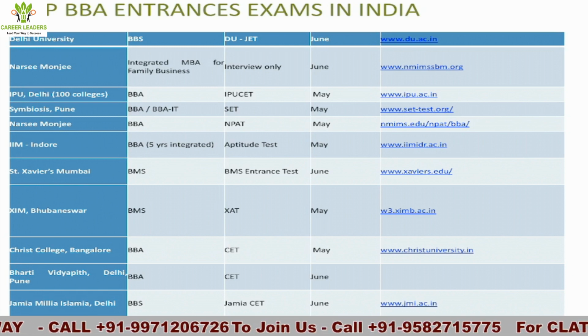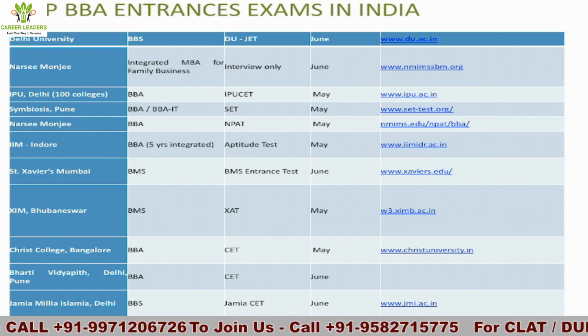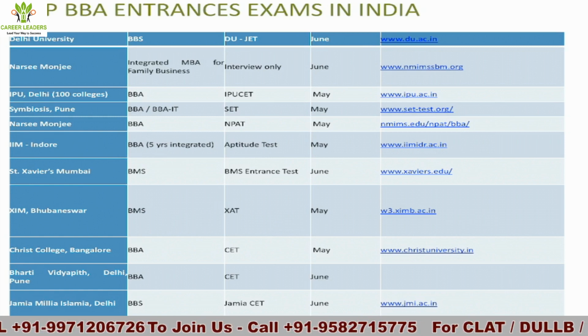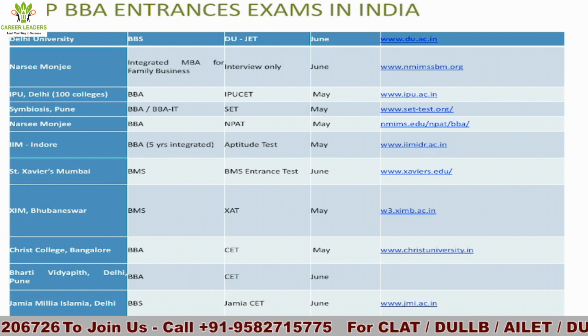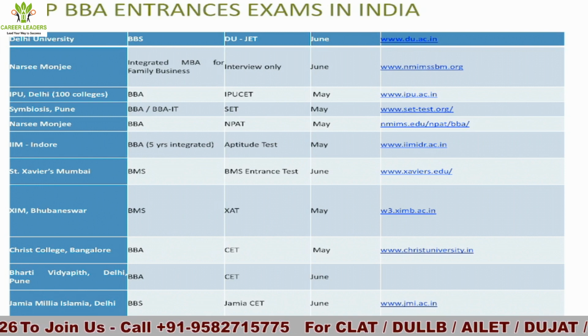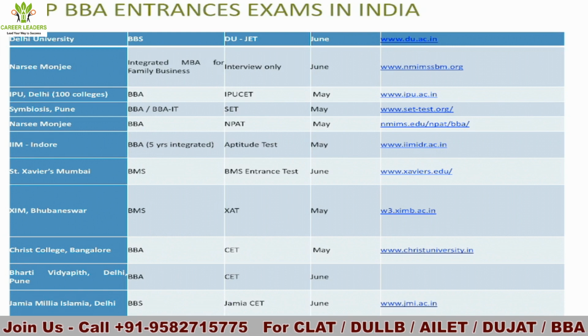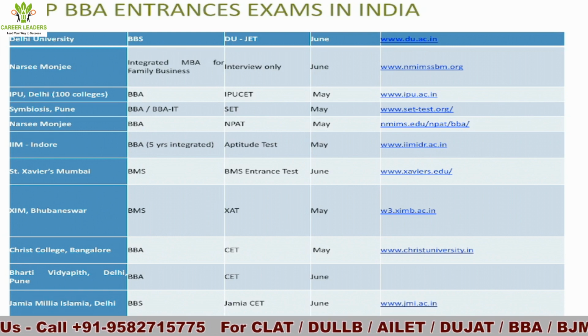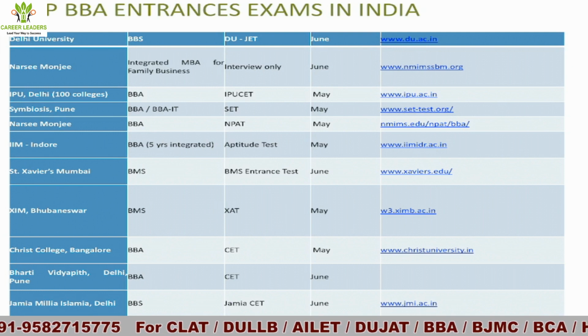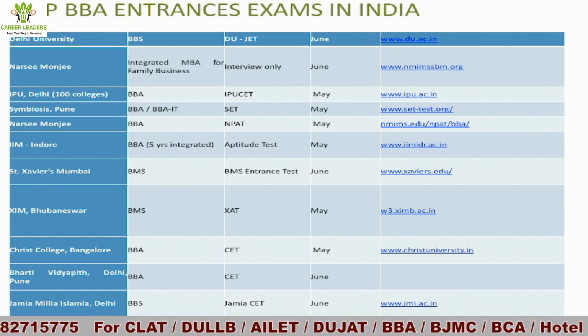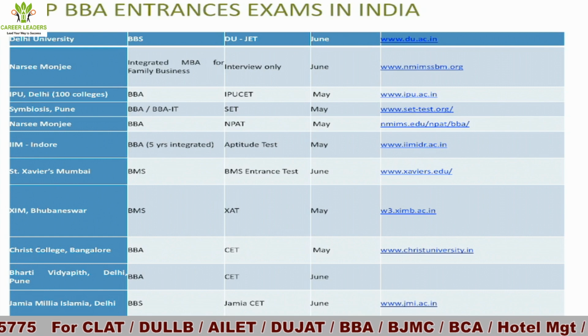We got St. Xavier's Mumbai, XIM Bhubaneswar, which is Xavier's Institute of Management in Bhubaneswar, Christ College Bangalore, Bharati Vidyapeeth Delhi and Pune, Jamia Millia Islamia Delhi. Similarly, we have got Banasthali Vidyapith in Jaipur for girls specifically, UCBS Shimla, Amity University and different other colleges which are taking part in business management courses.